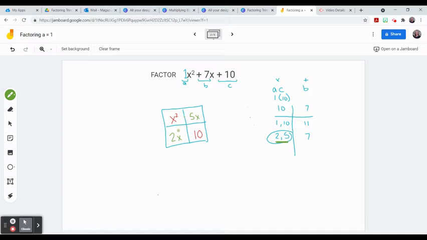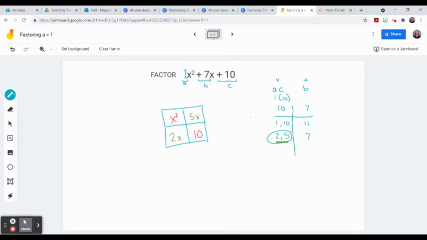Once we have this is our area. If we added all these pieces together, we would get our polynomial, our trinomial. But if we could figure out what the length and the width are, so what multiplies to get all these individual pieces, we can figure out the factors. So let's pull these factors out.